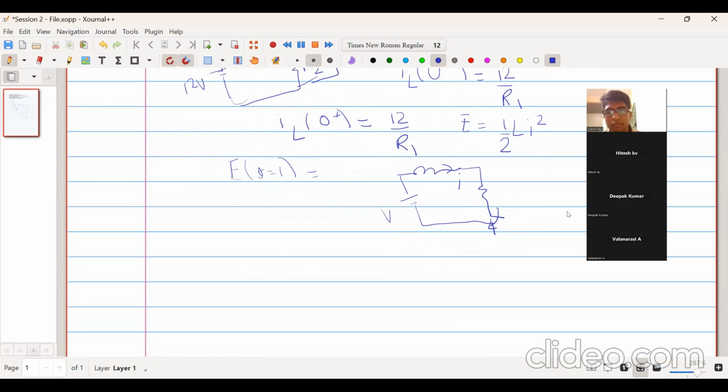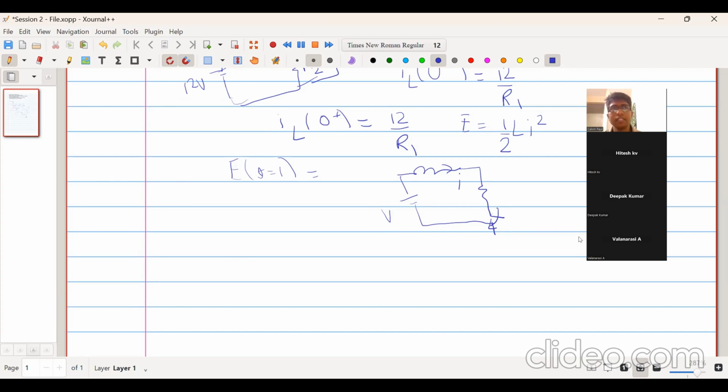But sir, in the case of a capacitor, the energy dissipated is also 1/2 CV square, and the energy in the capacitor is also 1/2 CV square. So total energy delivered by the source is CV square. I think it is independent of the value of the resistor.